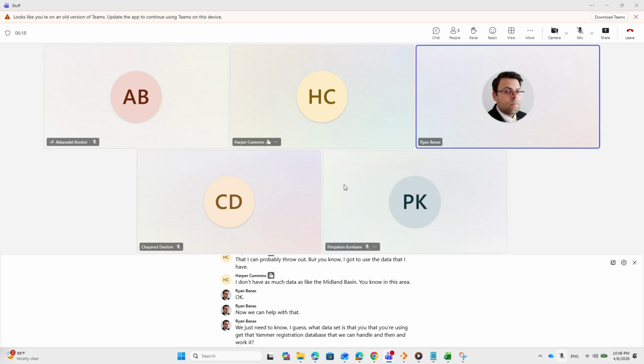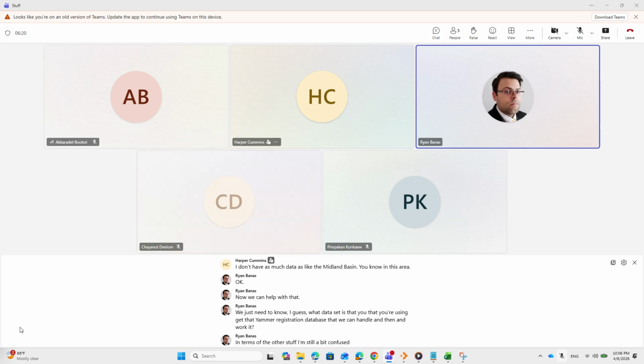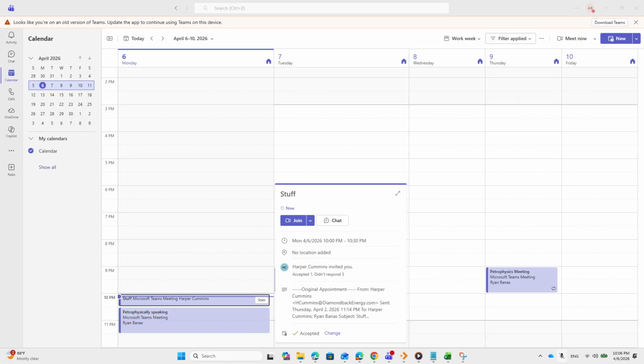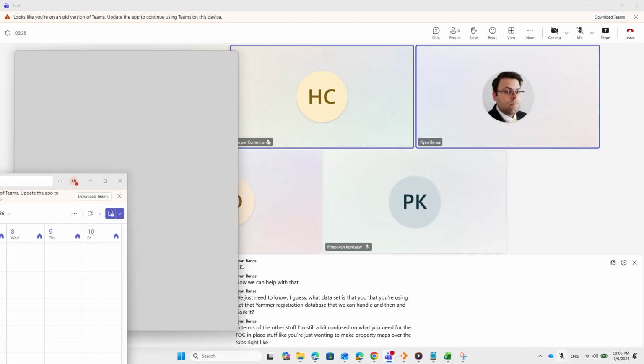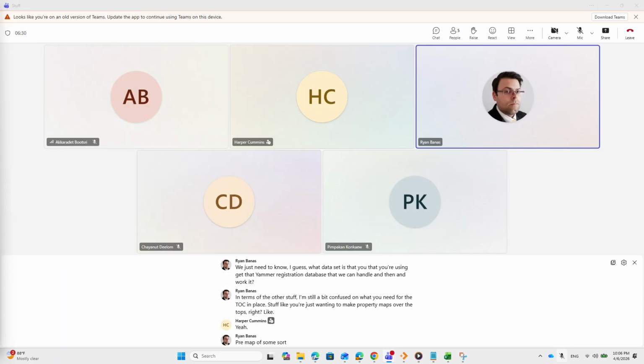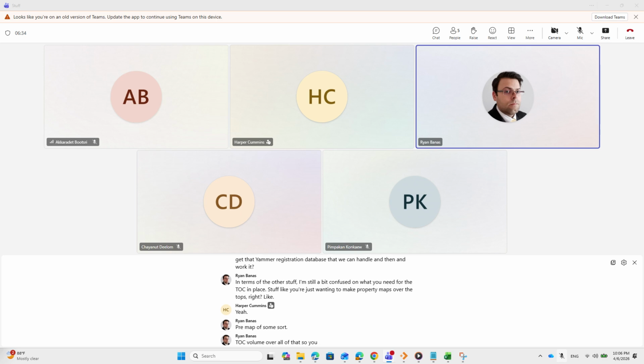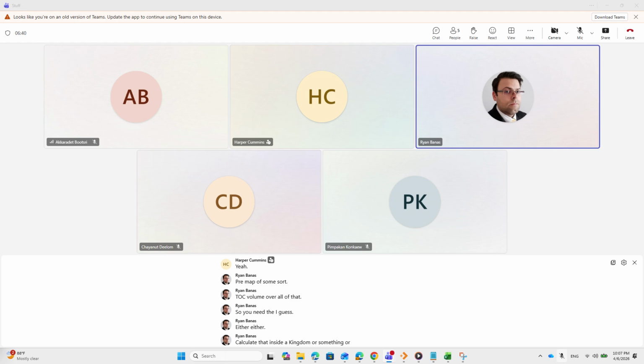In terms of the other stuff, I'm still a bit confused on what you need for the TOC and clay stuff. You're just wanting to make property maps over the tops, right? Yeah, a map of some sort, TOC volume over all of that. So you need us to either calculate that inside Kingdom or something, or we provide it to you straight up, right?